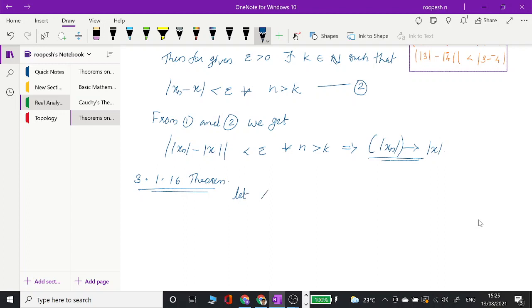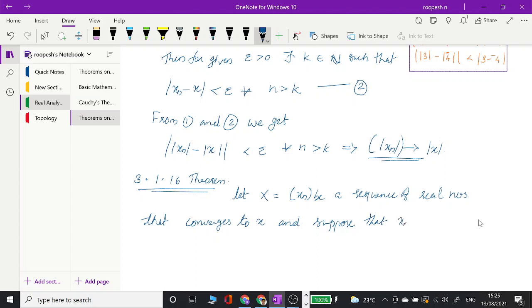Let X equal to xn be a sequence of real numbers that converges to x, and suppose that xn is greater than or equal to 0. This is very important: xn greater than or equal to 0.